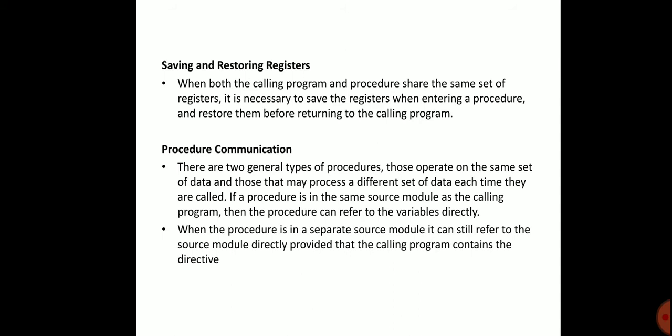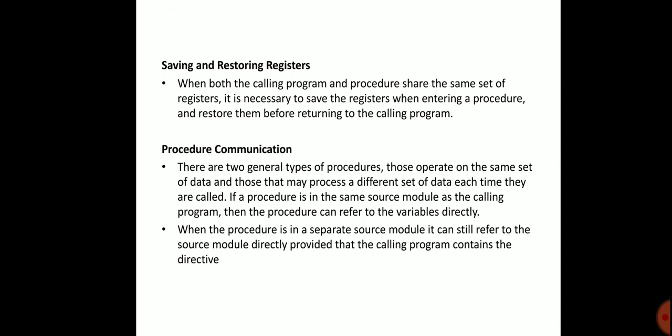Now, procedure communication. There are two general types of procedures: those that operate on the same set of data and those that may process a different set of data each time they are called. If a procedure is in the same source module as the calling program, then the procedure can refer to the variables directly.